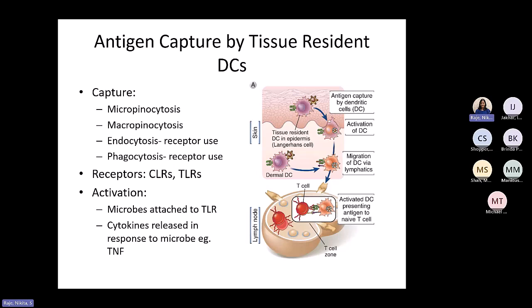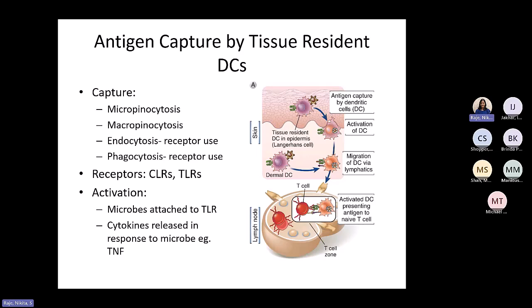How are these picked up by these antigen presenting cells? They are picked up by processes called micropinocytosis or macropinocytosis, so small sips or big sips, or they may use a receptor, in which case it's called receptor-mediated endocytosis, or it will form a kind of pouch around it, which is called phagocytosis. So it will use any of these processes to capture that antigen. How does it recognize these antigens?